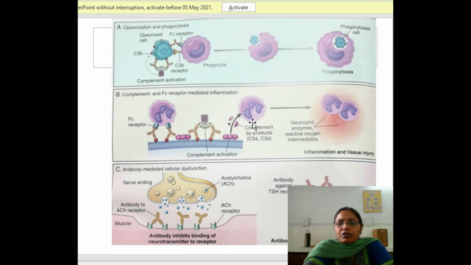That will cause release of certain enzymes, neutrophil enzymes present in the granules, and release of certain reactive oxygen species that will cause inflammation and tissue injury. The third one is antibody mediated cellular dysfunction, in which the antibodies block the receptor, and that will hinder the action of certain hormones or enzymes.